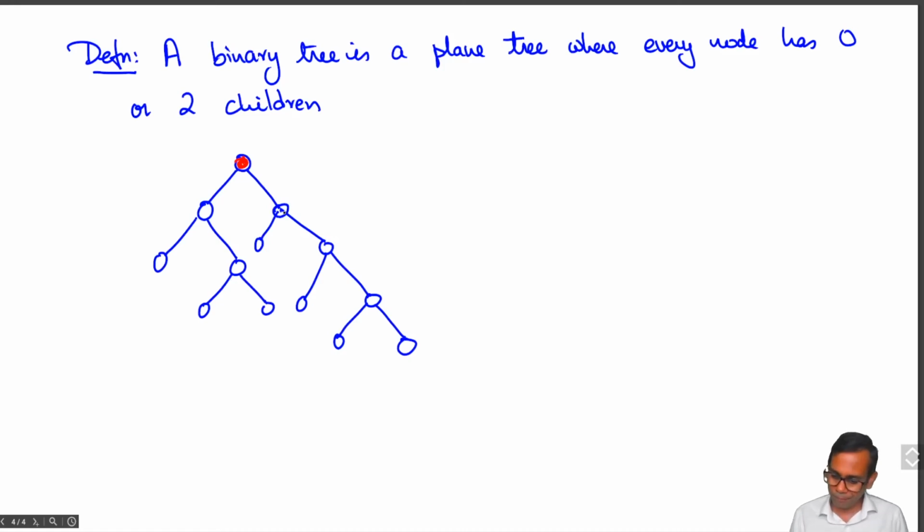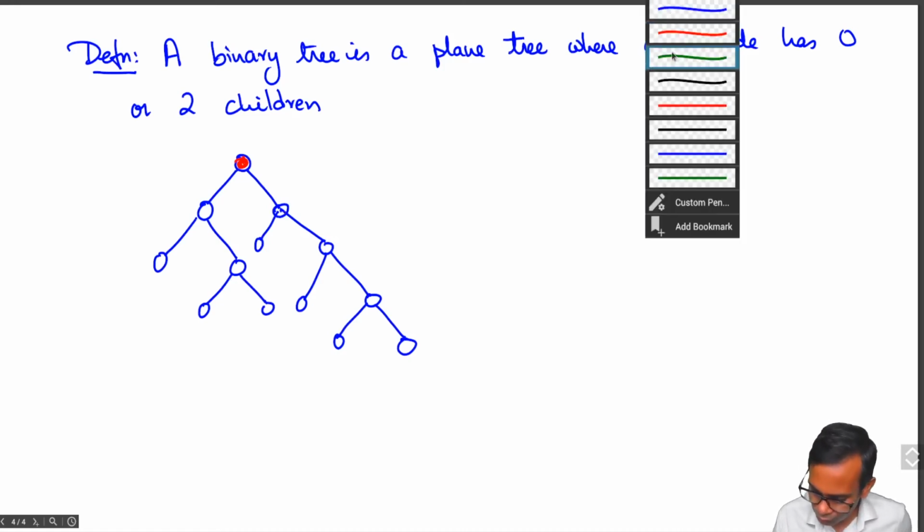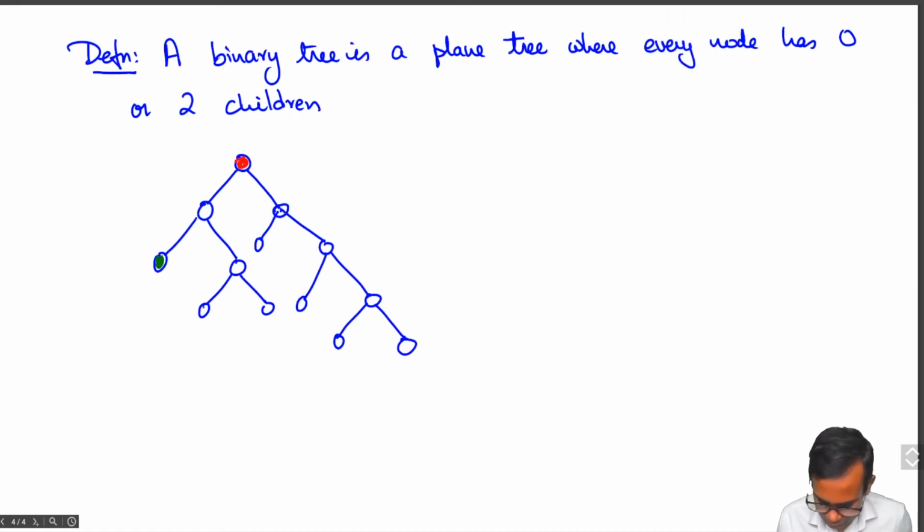And as before, we have leaves, we have the root, and the root and all the other non-leaves are the internal nodes.